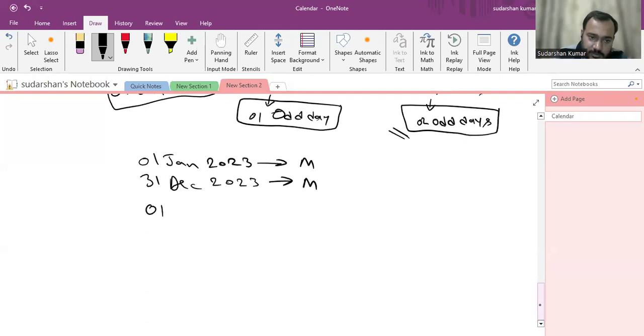So we can take 1 January 2024. It is one day extra, so we add one day to Monday, and it becomes Tuesday.